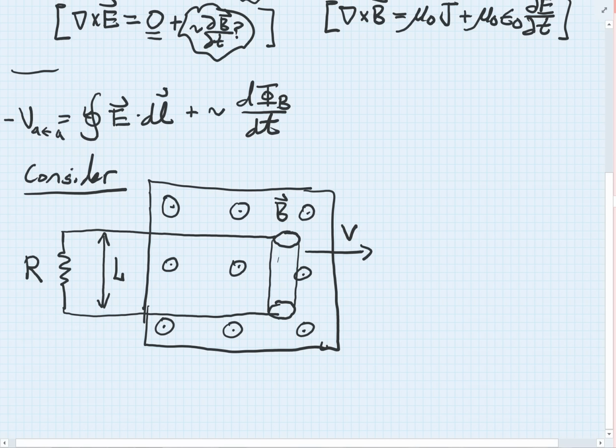And now as my conductor is moving through this loop, the first thing we need to realize is that I have a magnetic field. So there are going to be forces that are experienced by any of the charges that make up my wires, in particular any of the free charges.